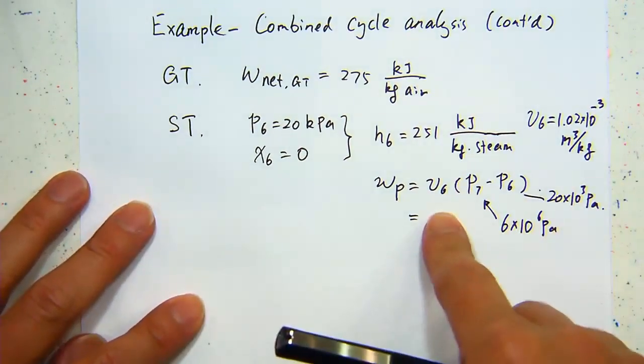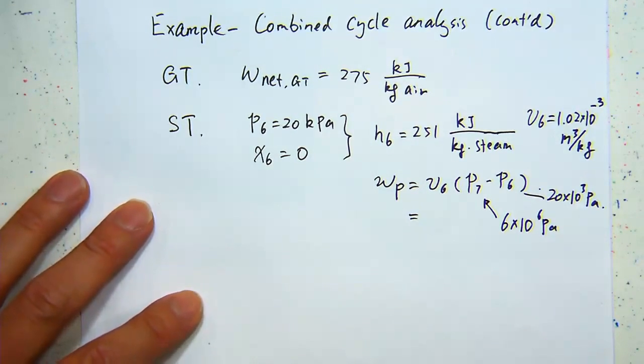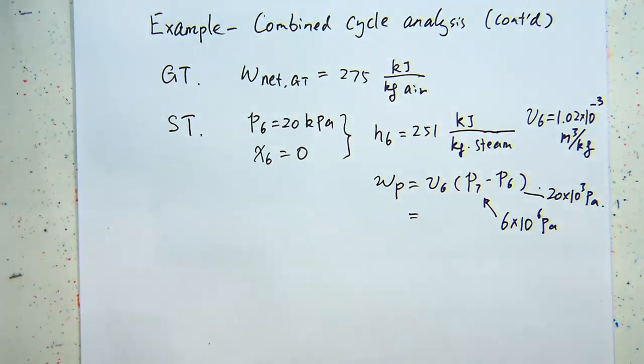One good habit you want to develop in doing thermodynamic calculations is to convert everything to the metric unit. Then during the calculation, you will end up with metric units. What are the metric units? For length, it's meter, not centimeter, not millimeter. For mass, it will be kilogram.